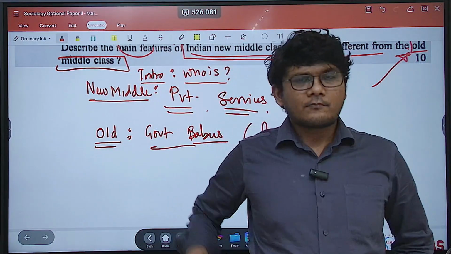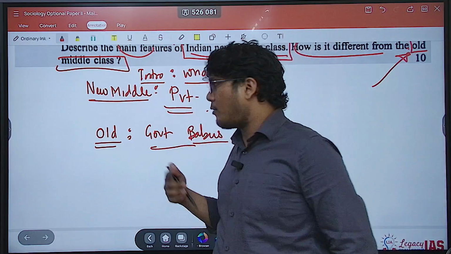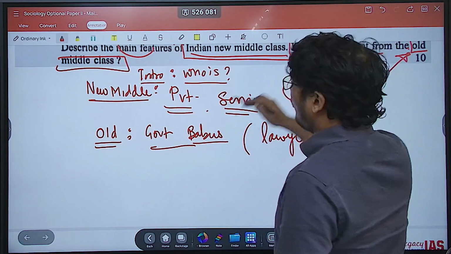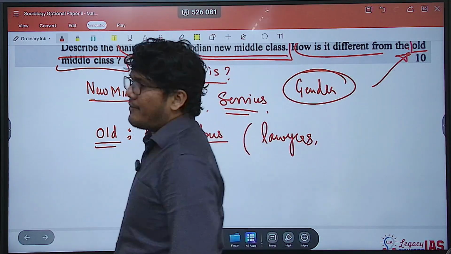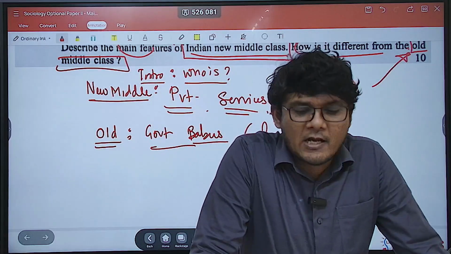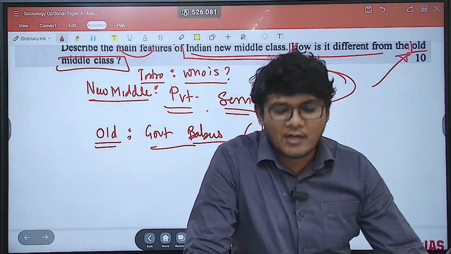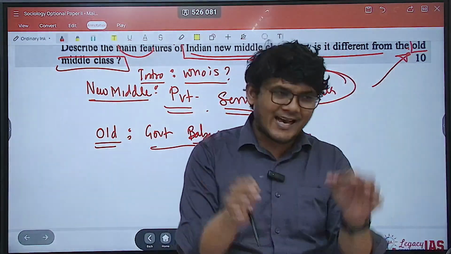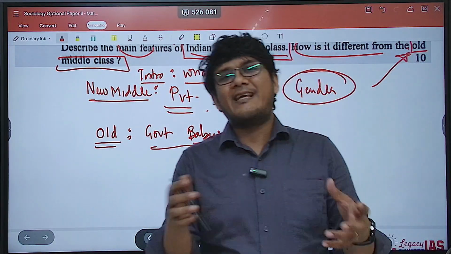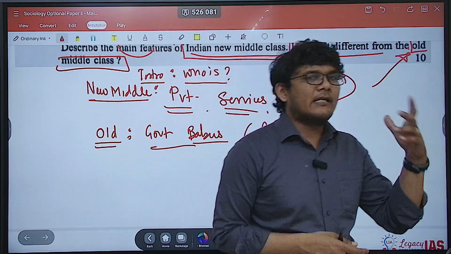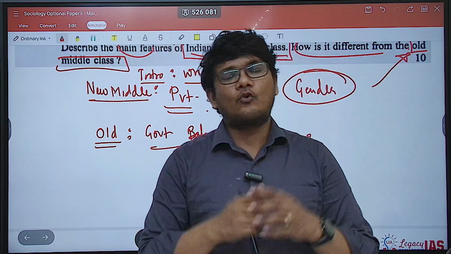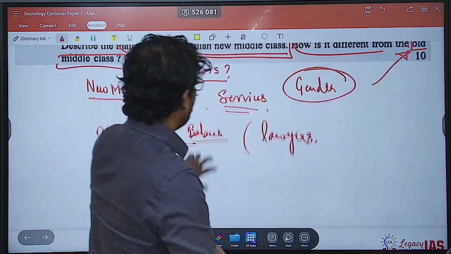You can add a lot more perspective to it with respect to gender. Previously the old middle class was dominated by males, but now there is more and more labor force participation of females. So the new middle class has a more equal distribution. It is still unequal, but compared to the old one, it is more equal. So the sexual division of labor as such is lesser in the new middle class than it was in the old middle class. These are the sociological terminologies that you should be using over here.